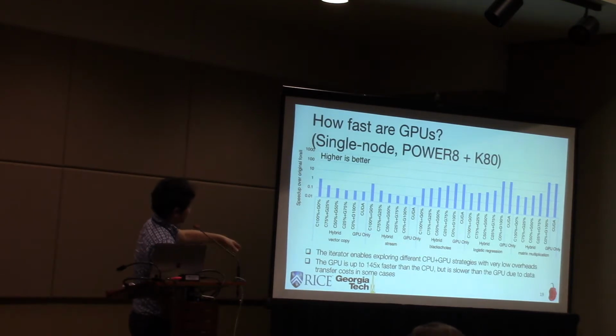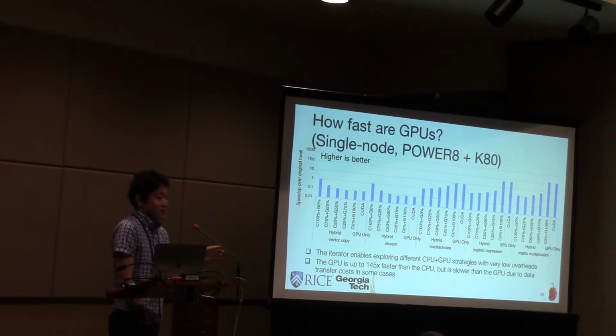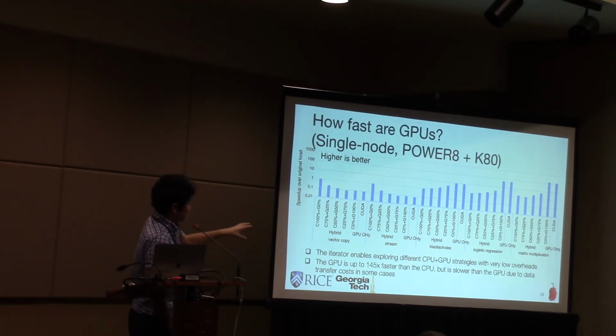Suppose the left-hand side one means 100% CPU, meaning the whole iteration space goes to the CPU. But if you go right, like 75 and 25, and 50, 50, we are gradually increasing the percentage for the GPU portion.